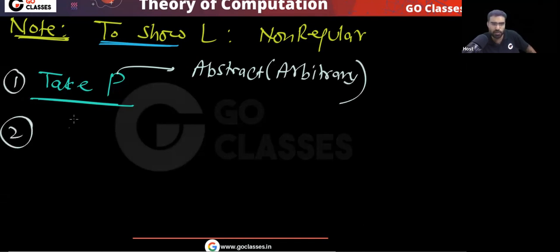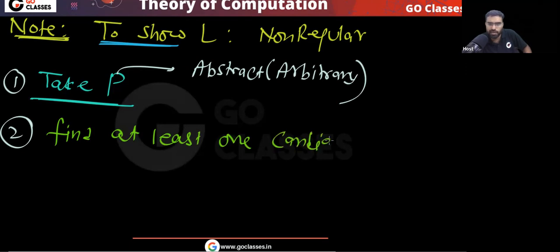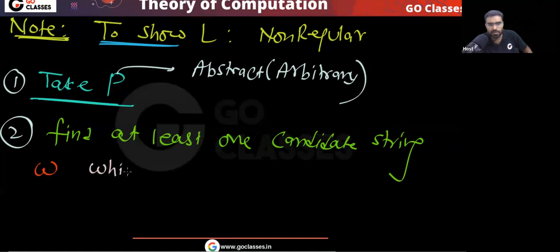Then the second thing you will do is find at least one candidate string W which does not pump. Whatever you do, it does not pump.